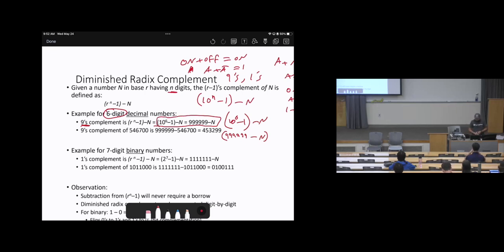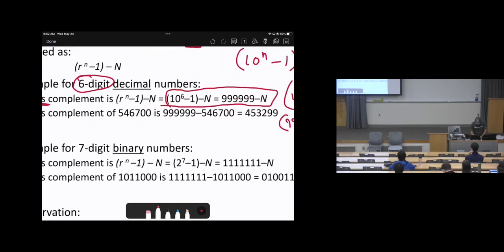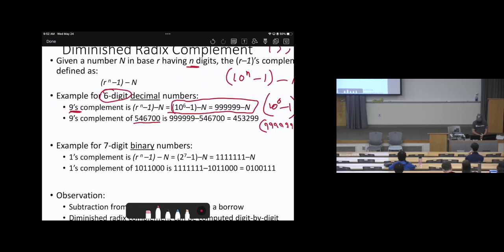So, how to find the complement of any number? Subtract each number from the nines. Let's assume, like this example, we need to find the complement of this one. How to find the complement? Subtract 9 from all bits.